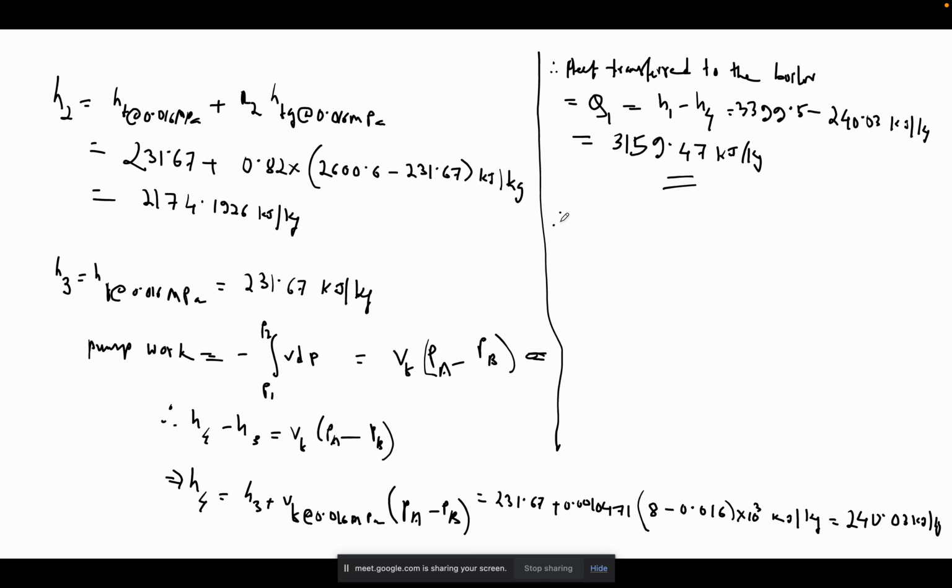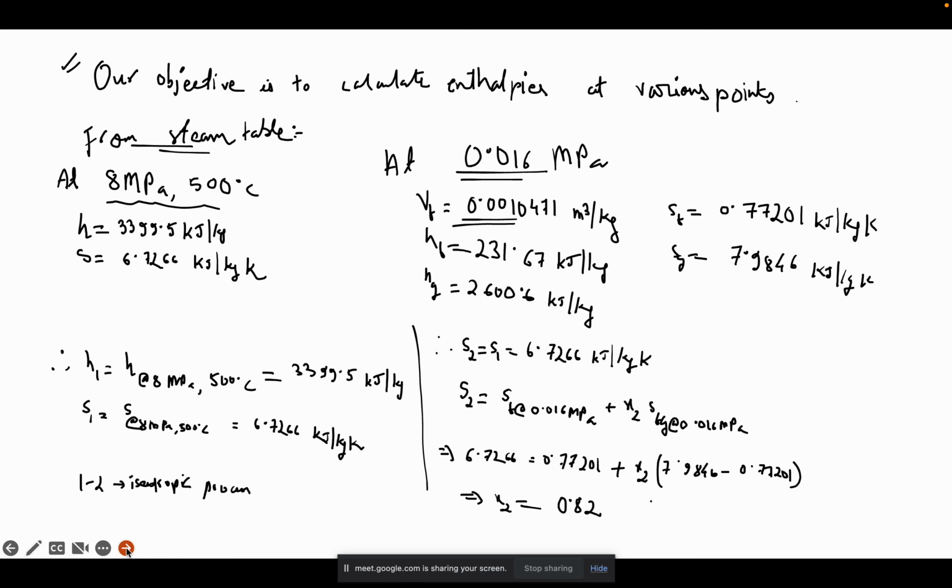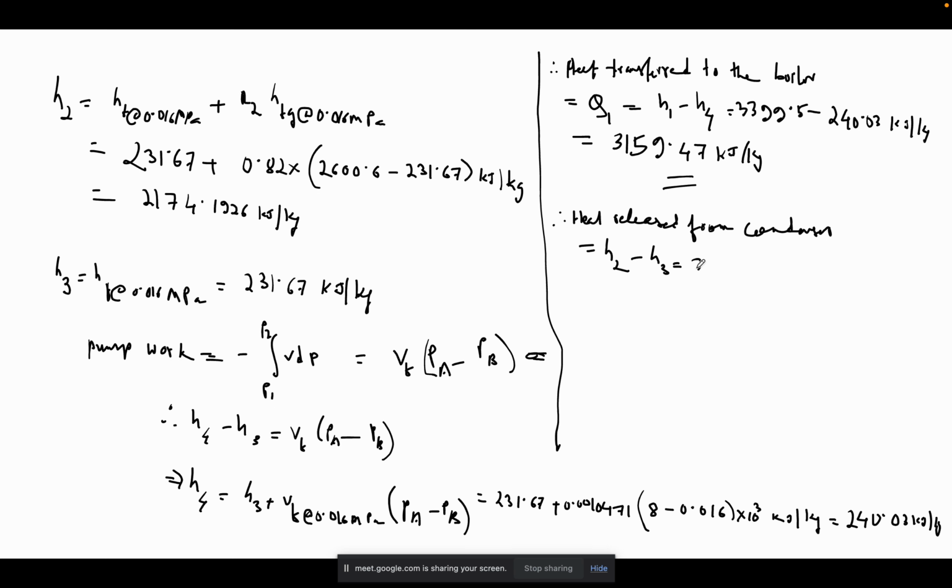So heat released from the condenser is equal to H2 minus H3, and the H2 value is 2174.1926 minus H3, which is 231.67 kilojoule per kg.